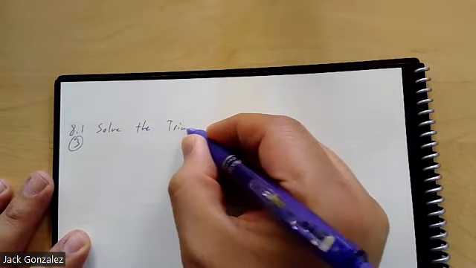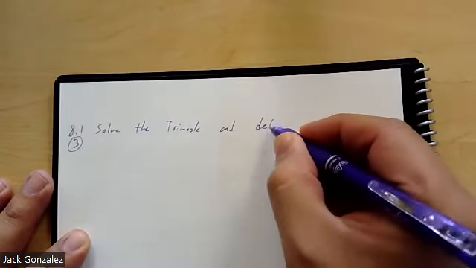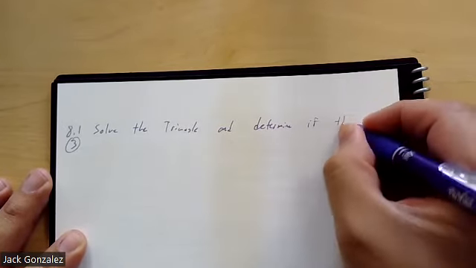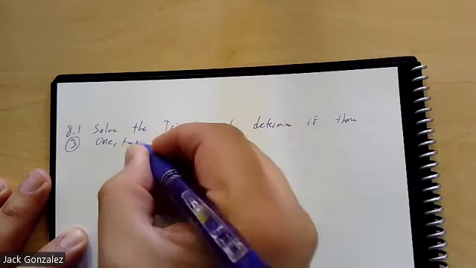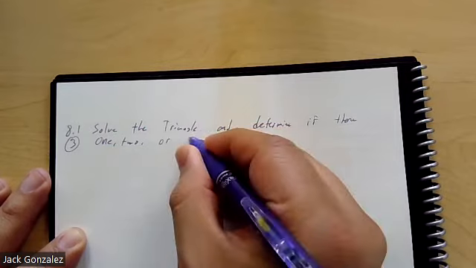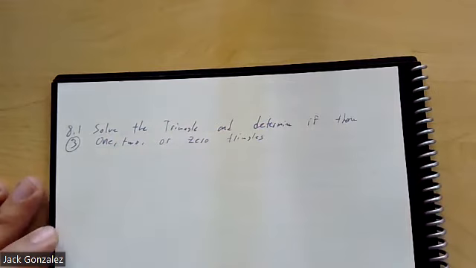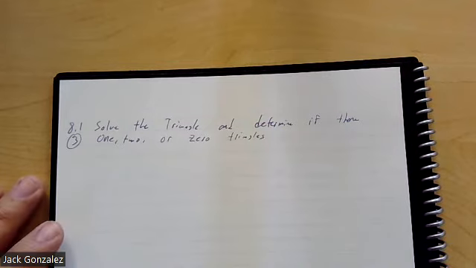Solve the triangle and determine if there are 1, 2, or 0. Okay, so solve the triangle. If you have more than one, we'll solve both, basically. If you have none, then cool. That's the best scenario, I think.